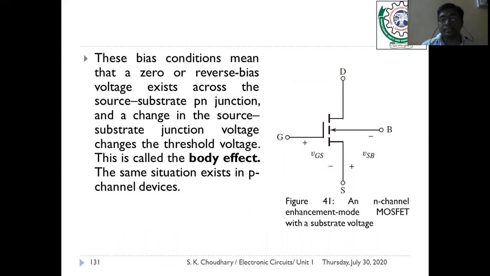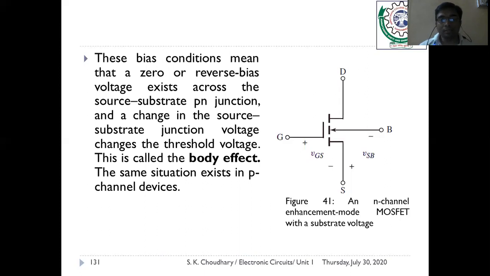This bias condition means a zero or reverse bias voltage exists across the source-substrate PN junction for M2. A change in the source-substrate junction voltage changes the threshold voltage, and this effect is called the body effect.